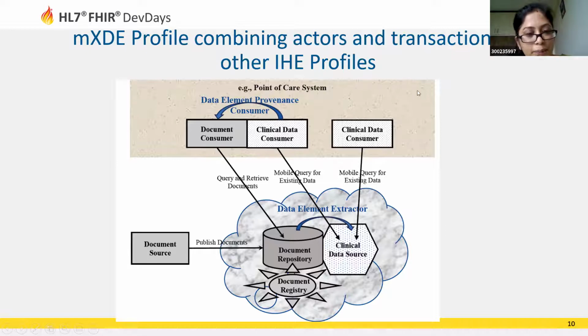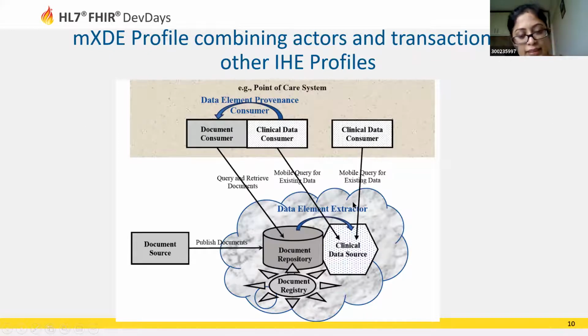So in this particular profile, you have a data element extractor, which is capable of reading a given document from the document repository via XDS transactions, like retrieve document, retrieving the CDA document from the document repository, transforming it into a FHIR bundle, and, depending upon the deployment, may choose to store it into a given FHIR server or just provide it as a response to the FHIR consumer on the fly.